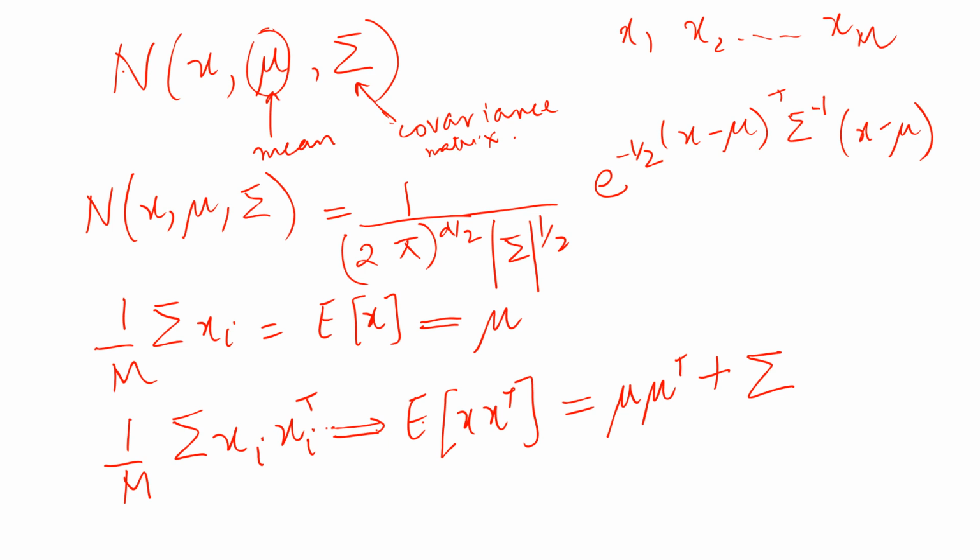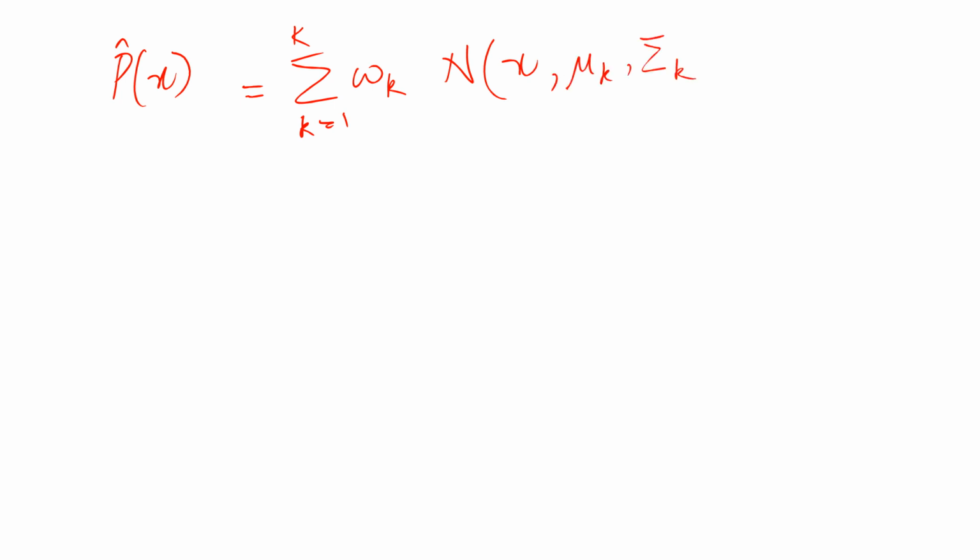So in a more generic format, the final estimate for my model p hat of x is, again, rewriting it, a sum from 1 up to k of the weights times the probability density, which we know is the Gaussian with mu k and sigma k. In addition, there is a condition on the weights that they should be greater than 0, and the sum of the weights from k equals 1 to K should be 1.